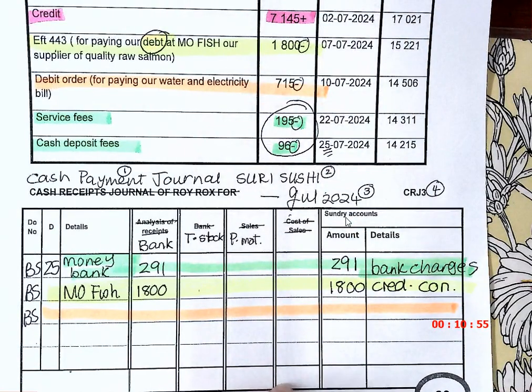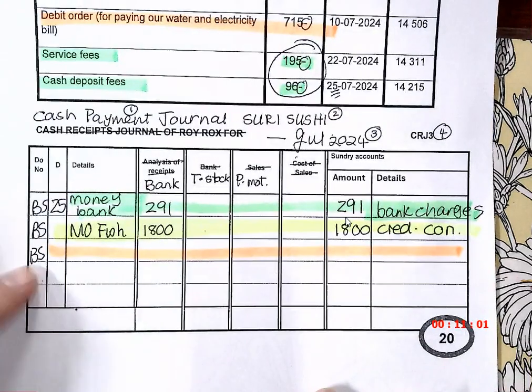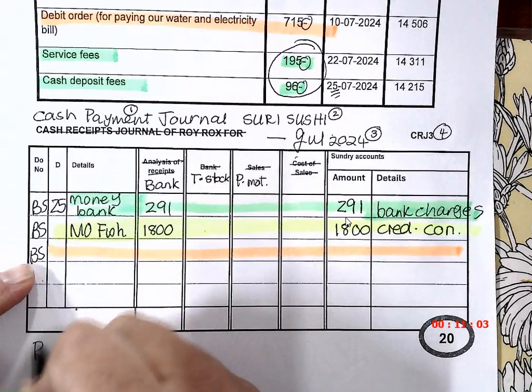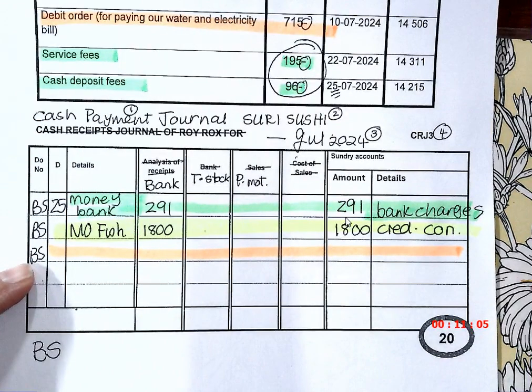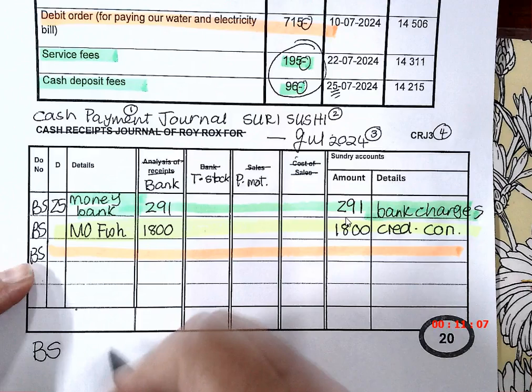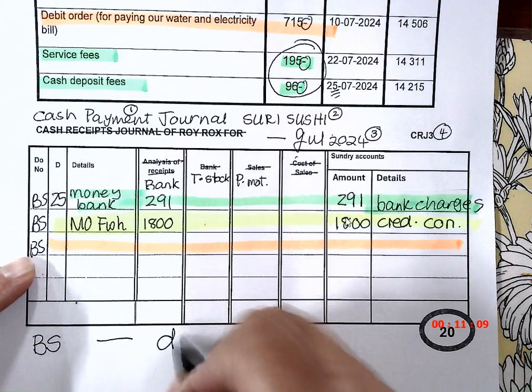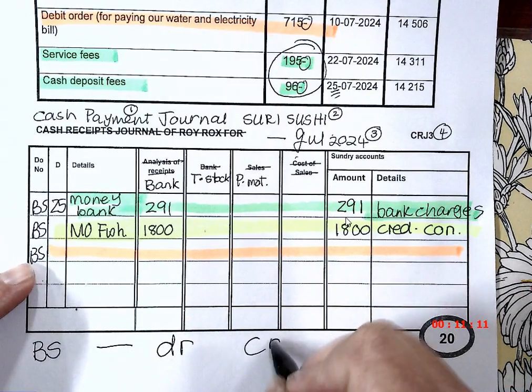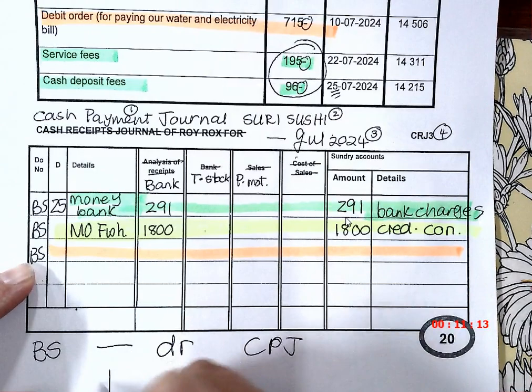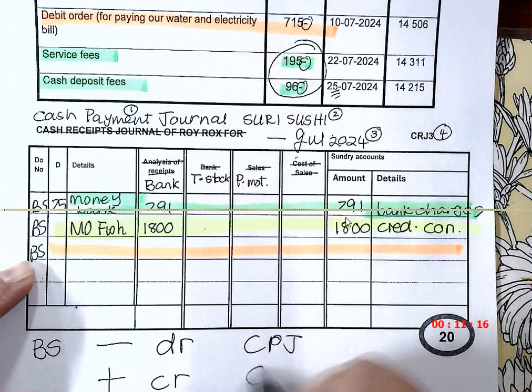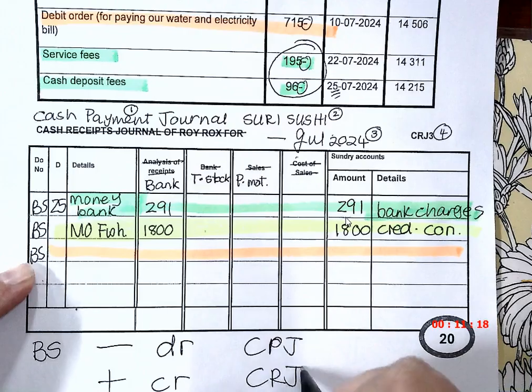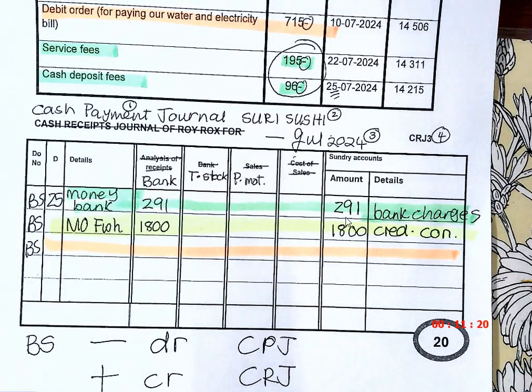So in the CPJ, always, in the bank statement, always remember, write it big for yourself. If you have a bank statement as information, a minus or a debit would go to the CPJ. A plus or a credit will go to the CRJ. Please remember that.